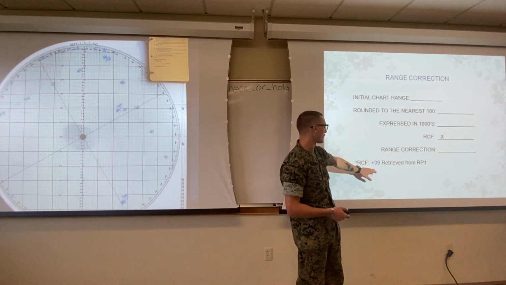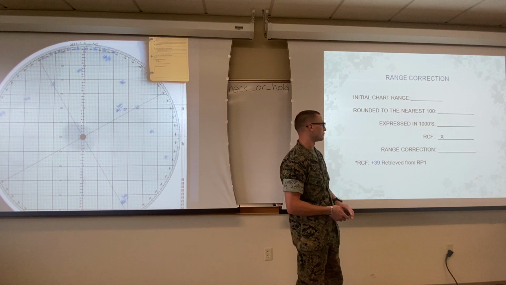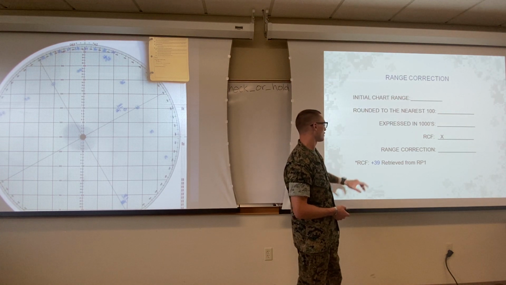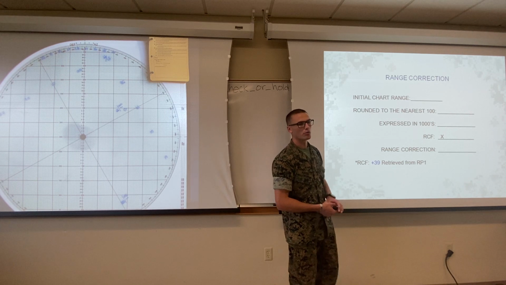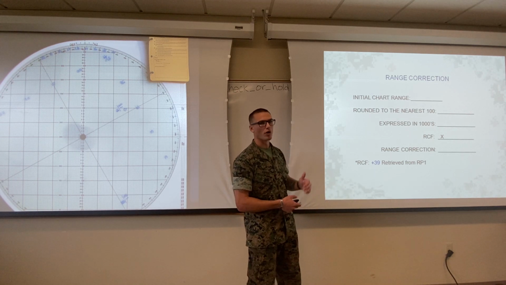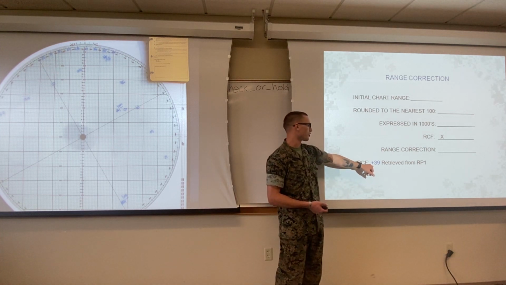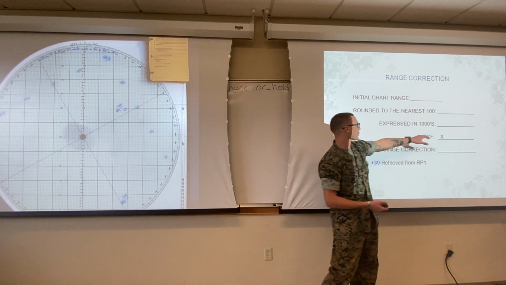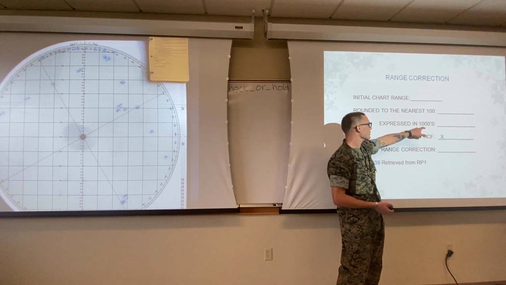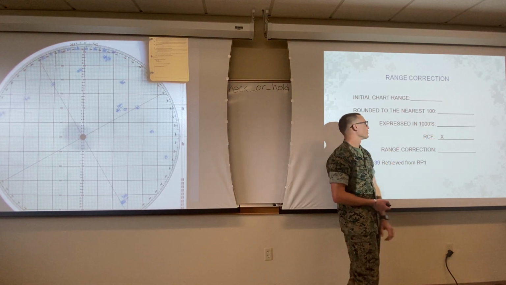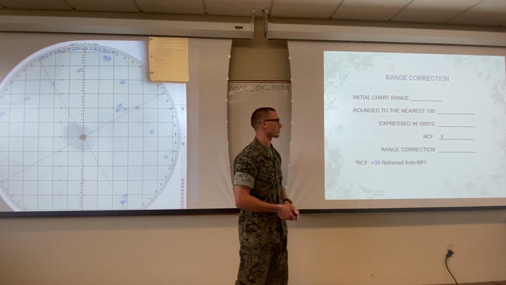You can see here I have that annotated below. So from registration, I had an RCF of positive 3.9. And remember, like I said, for every 1,000 meters within those transfer limits, we have to apply an additional 39 meters here. So that's what we're doing when we express these in thousands. Now we're applying that additional 39 to get our new range correction factor.